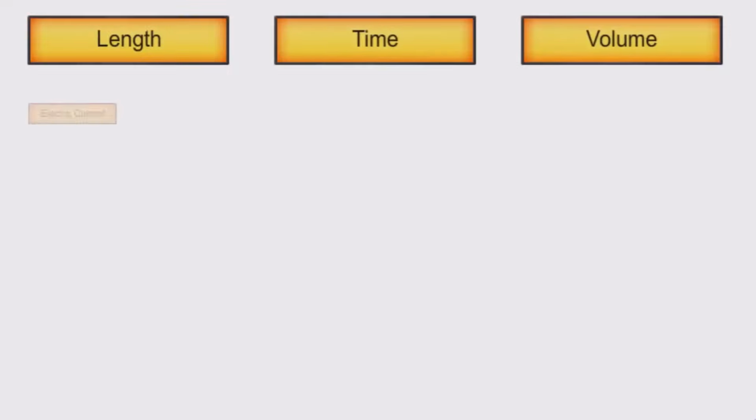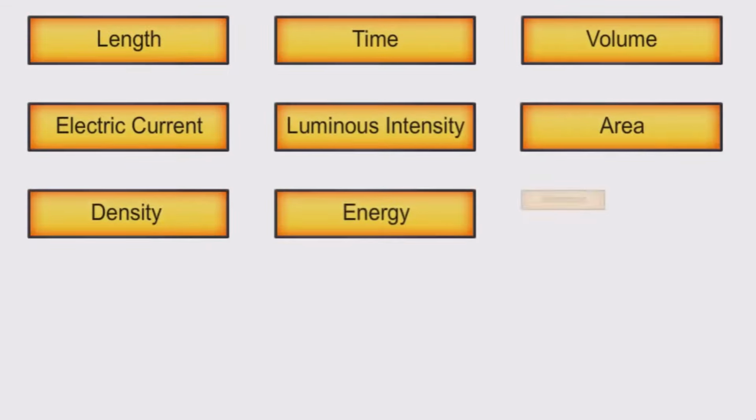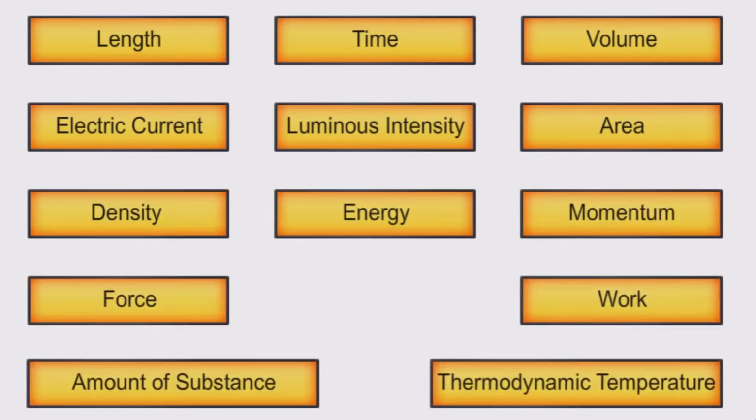We learned earlier about different physical quantities, of which 7 are considered fundamental according to the SI system of measurements, while the others are derived physical quantities.